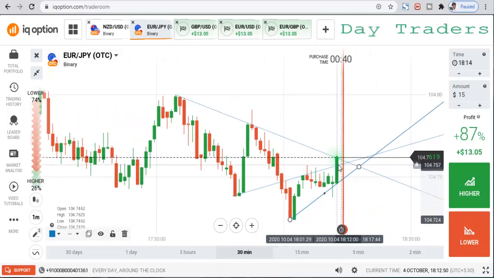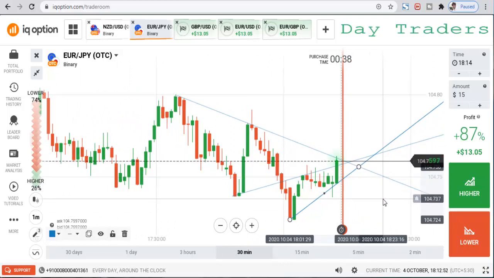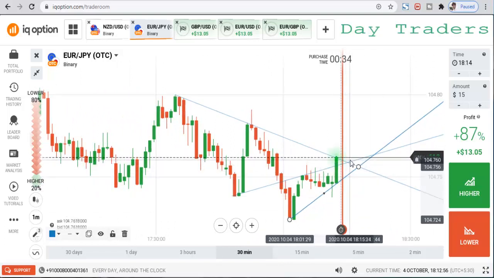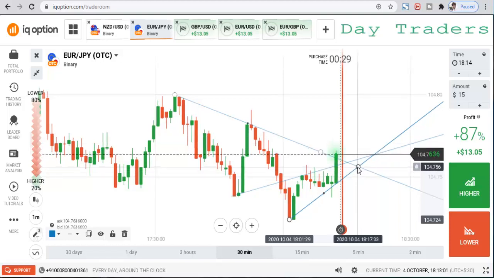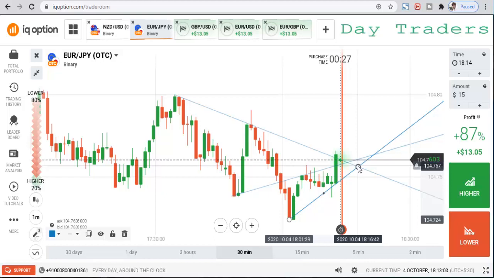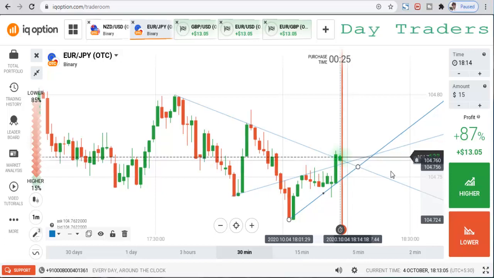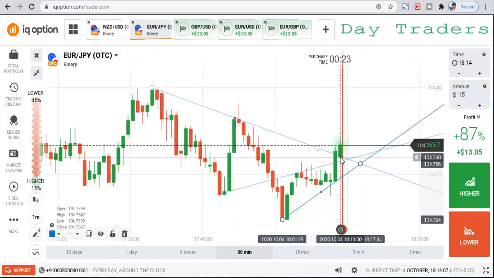Okay, it's going to the resistance level, but this type of candle sometimes continues the market. Okay, this opening point is at the resistance level.